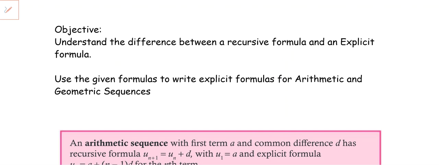Like you've just seen, arithmetic sequences. We've just looked at that. What's another name for arithmetic sequence? Linear. Now this time, we actually have a new word: geometric sequence. Any ideas what you think that is?